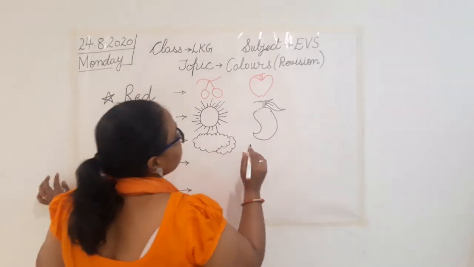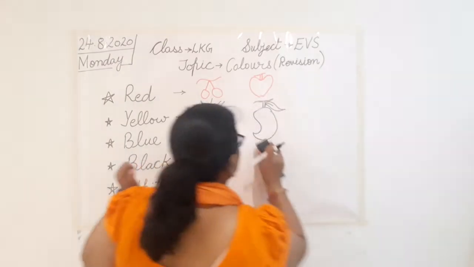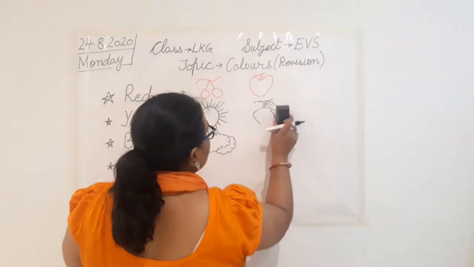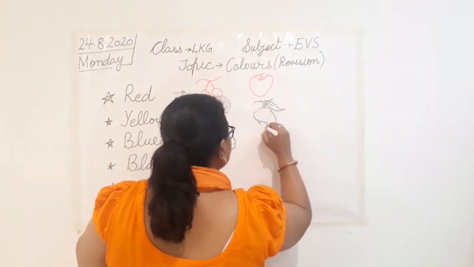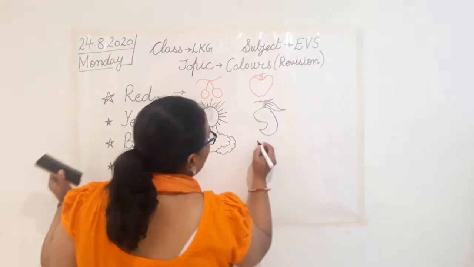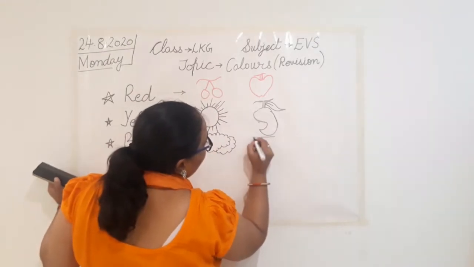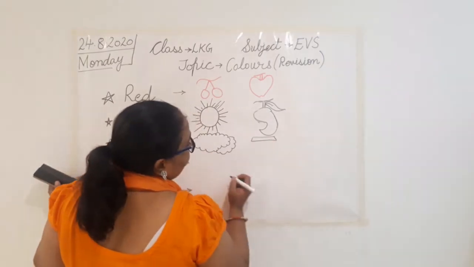See, it's very simple to draw. How you are going to do that? So I'll just decrease the size of this mango. See how we are going to do that? First draw sleeping line and two slanting line like this.